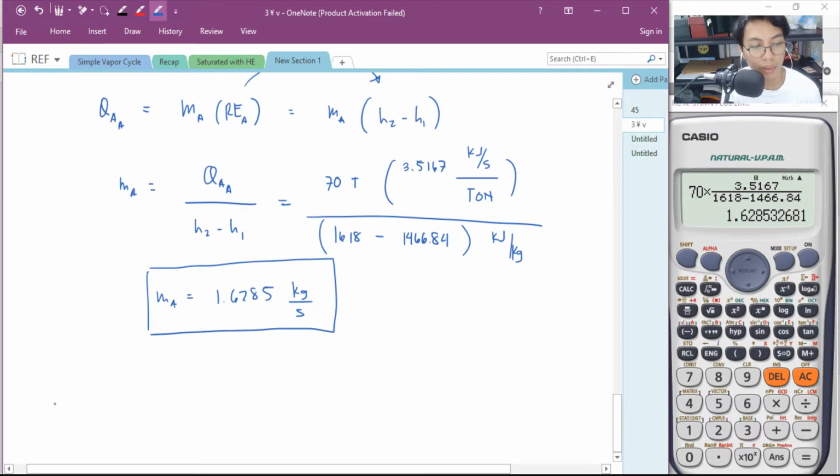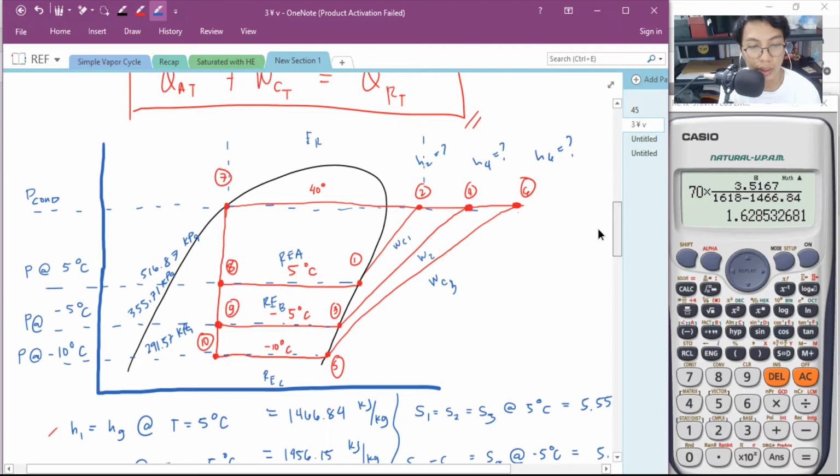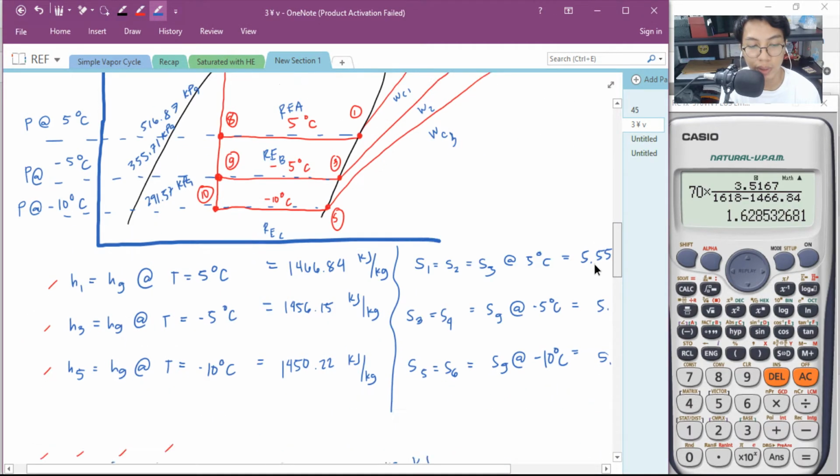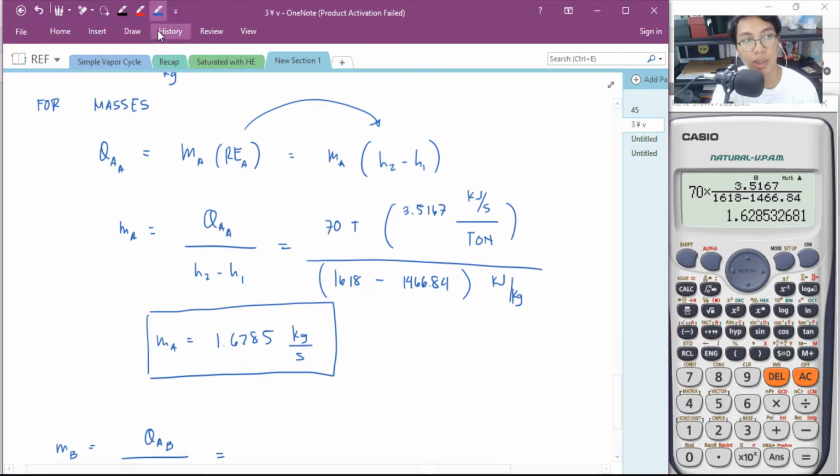How about MB? That is QB over REB. Tignan mo yung REB. Ay mali pala ako, hindi H1 and H2, H1 and H8. Dun ako nagkamali. Let me correct it first, ha?